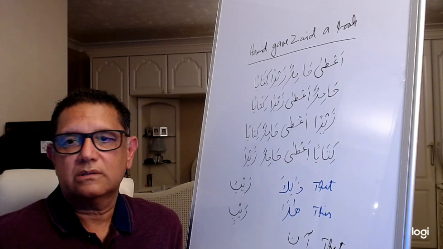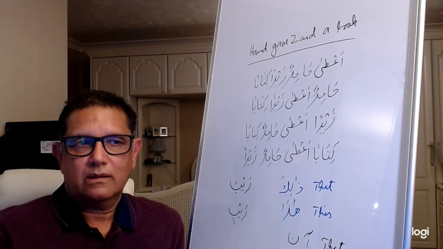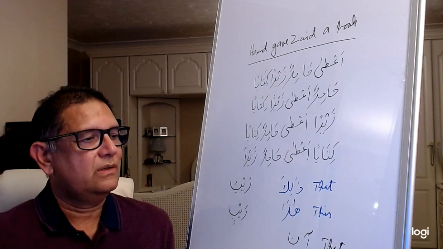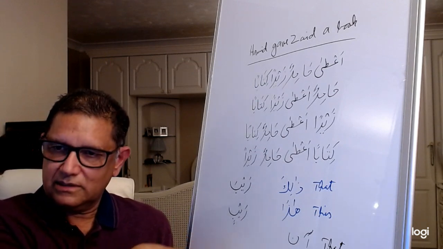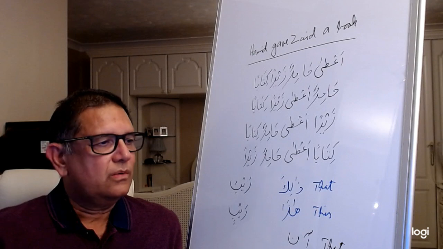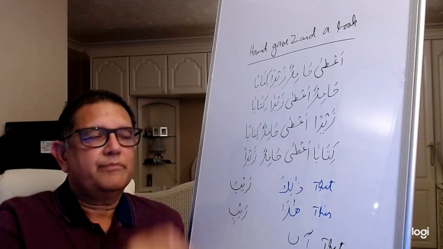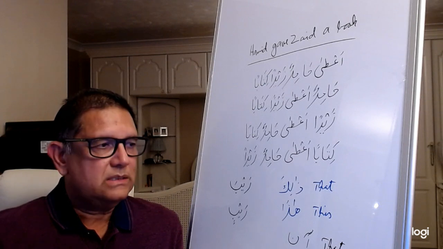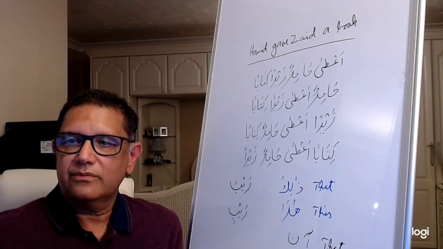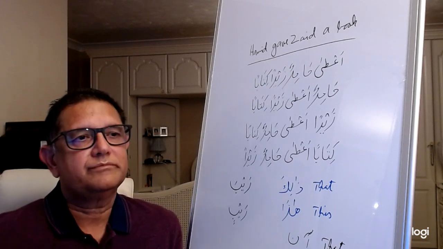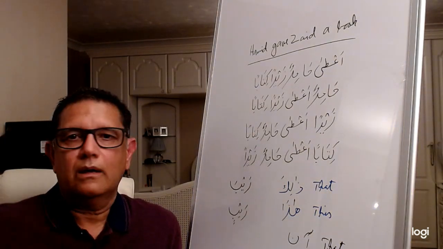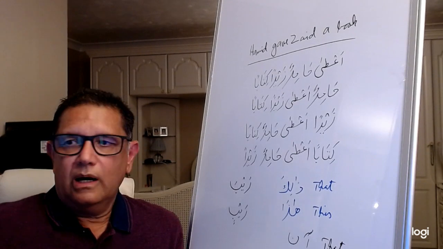People use the word for that dignitary, or that Hazrat, but the person is sitting just next to them. So they use that pronoun of distance because of ta'zim, to give them respect, to show respect.